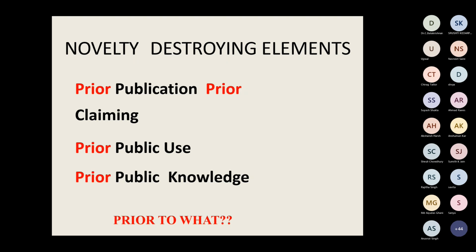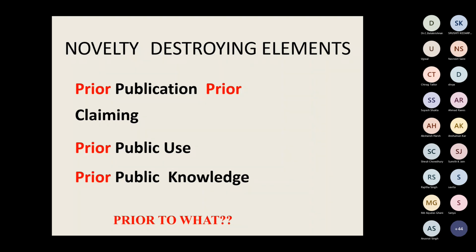On 1st of December, the application is filed. On 5th of December, it is published. Not your application, but some journal publishes the same subject matter. Now, your application is examined the next year in December 2023.